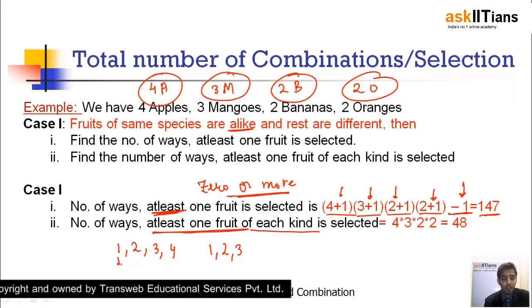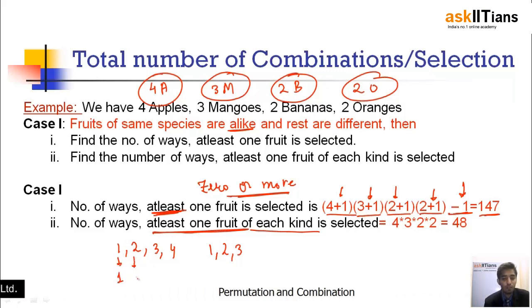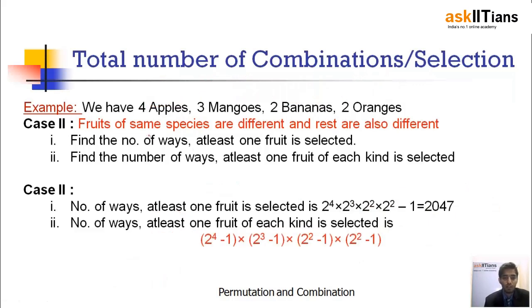The number of ways of selecting one apple is 1, 2 apples is again 1, 3 apples is again 1, and 4 apples is again 1. So the total number of ways in which I can select at least one apple is 4. Similarly, at least one mango will be 3, at least one banana will be 2, and at least one orange will be 2. So the total number of ways will be 4 into 3 into 2 into 2, that is 48.